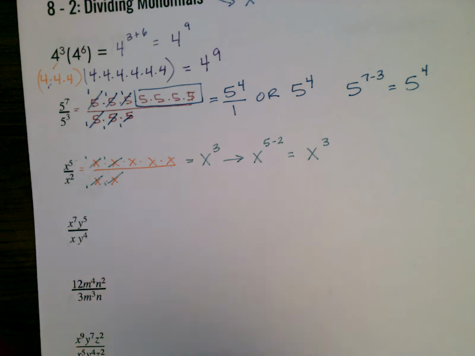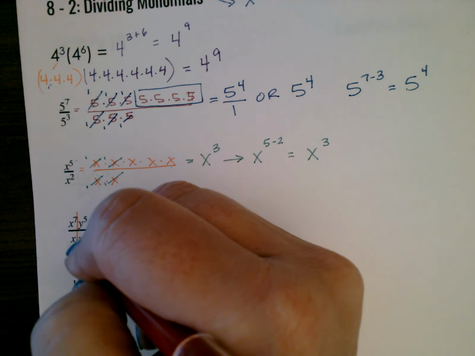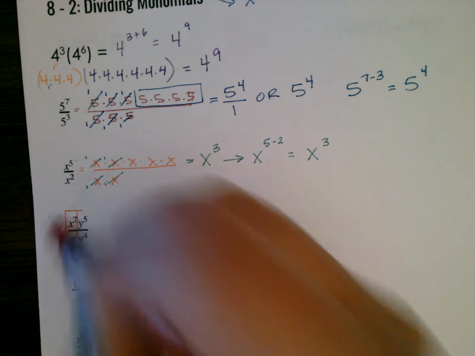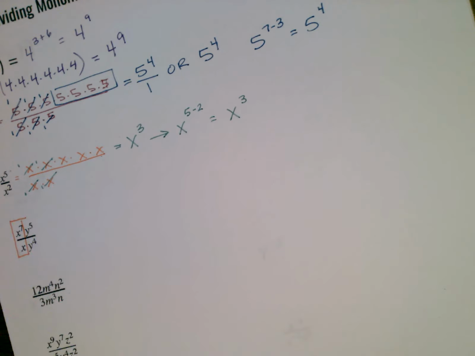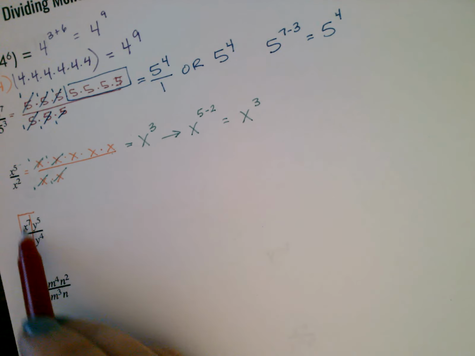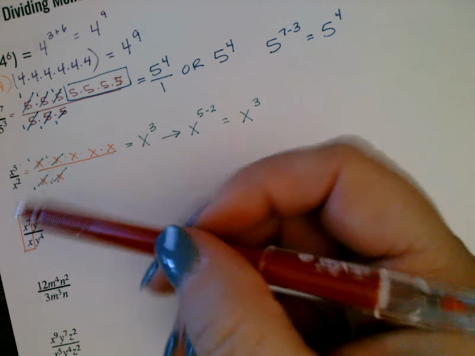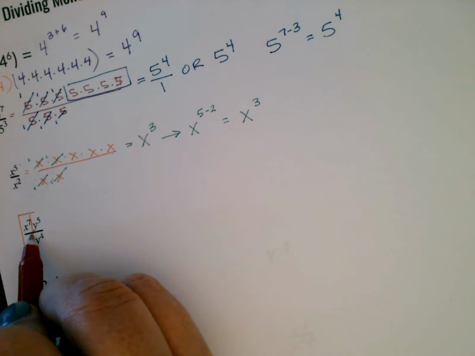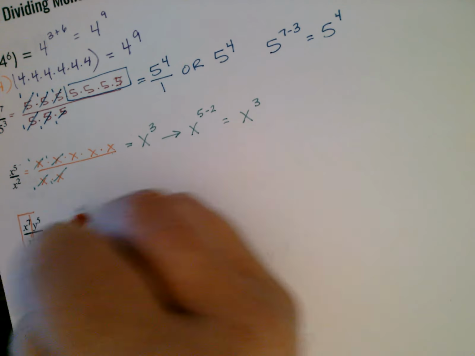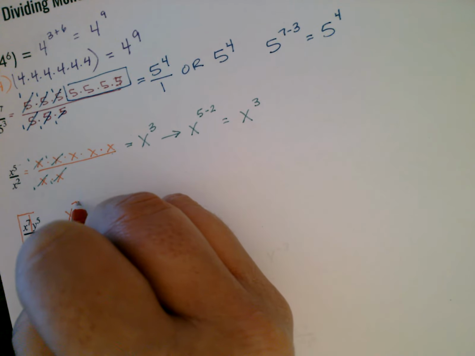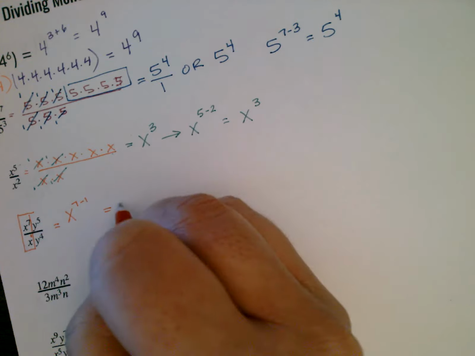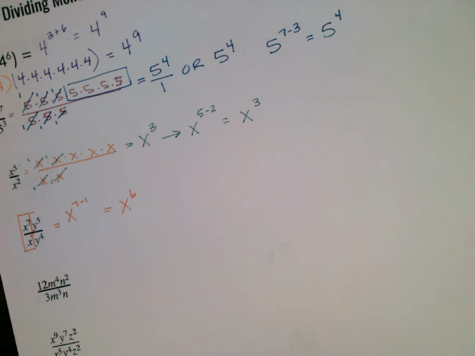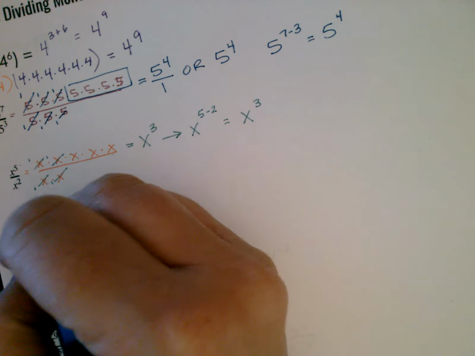As in multiplication, you can combine and do math if the bases are the same. Here I have x's over x's. I have 7 x's divided by 1, that invisible 1. So I would have x to the 7 minus 1 power, which is x to the 6th.